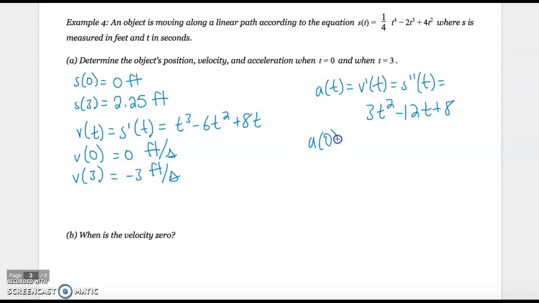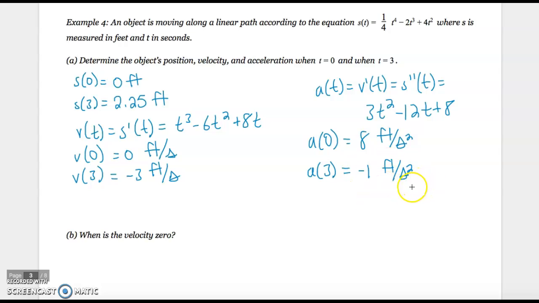So if I find a of 0, my acceleration at time 0, it would be 8. And then feet per second squared, right? Because it was feet, then feet per second, now feet per second squared. And then our acceleration at 3 seconds would be -1 feet per second squared.